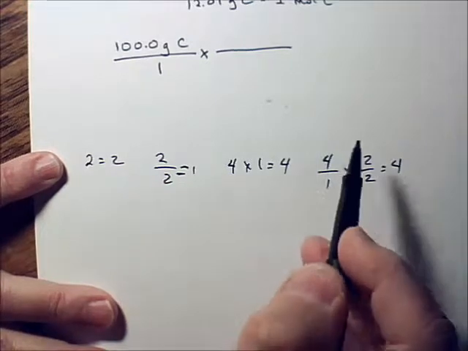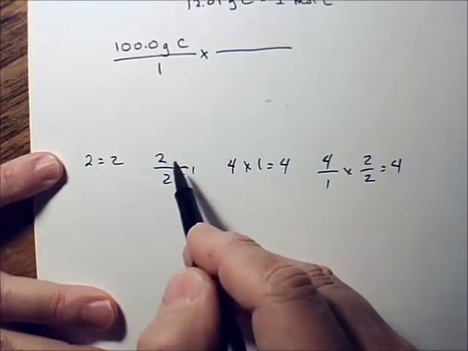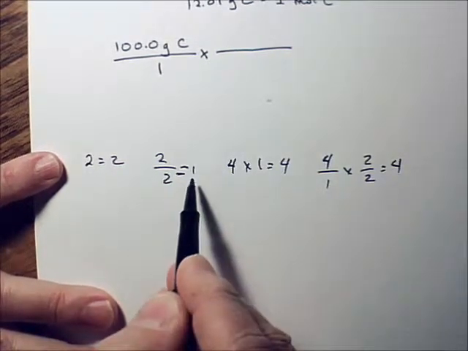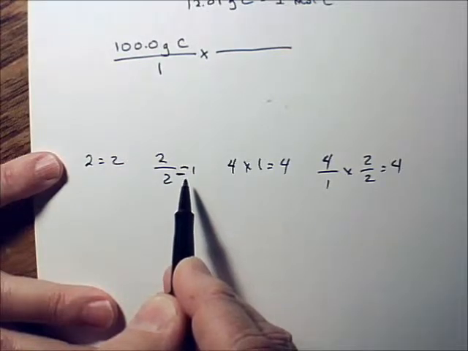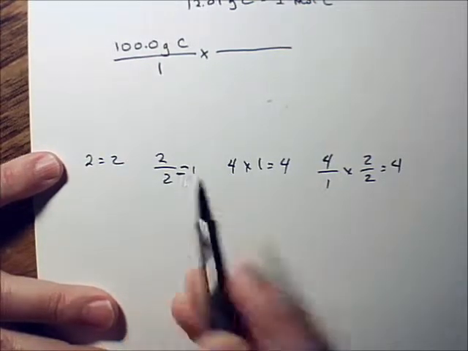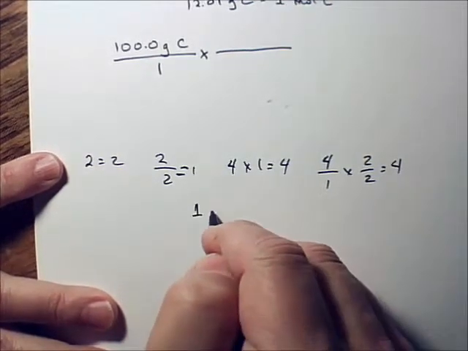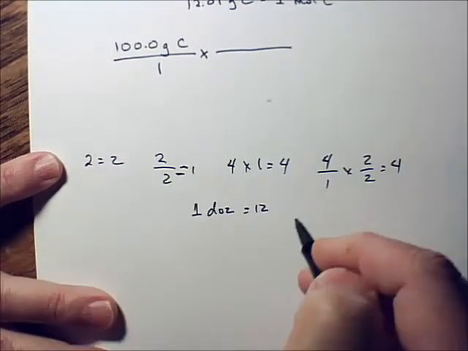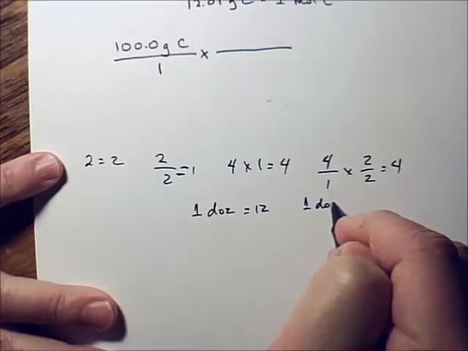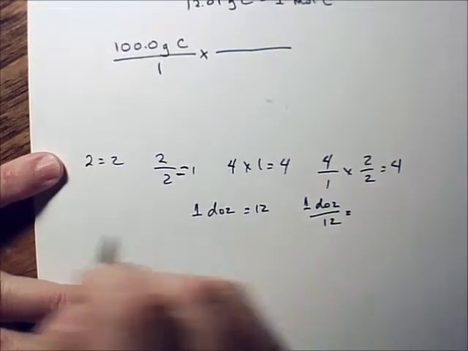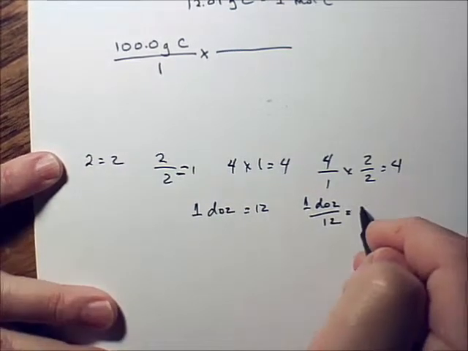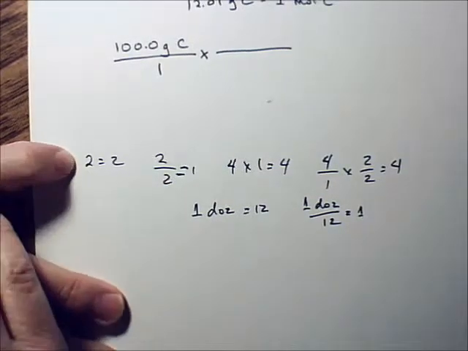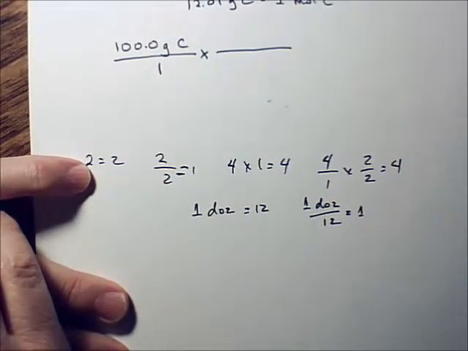So anytime I put 2 things that are equal one on top of the other in a fraction, it's going to equal 1. Does that make sense to you? So, for example, we used a dozen a while ago. 1 dozen equals 12. So if I have 1 dozen over 12, what does that equal? 1. So, conversion units always equal 1.